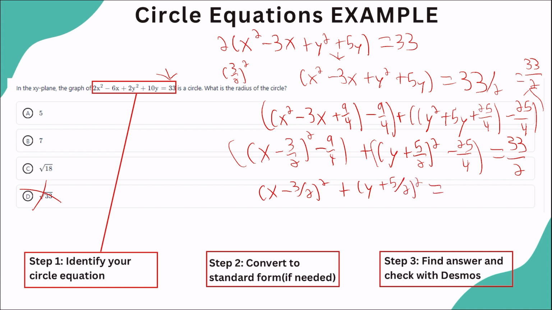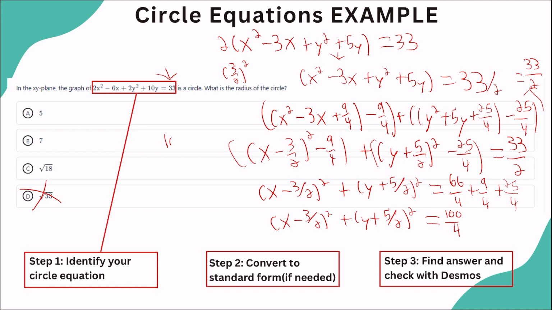And I'm going to convert 33 halves to 66 fourths, so we all have fourths. And now lastly, in this last step, I'm going to get x minus 3 halves squared plus y plus 5 halves squared equals 100 fourths.